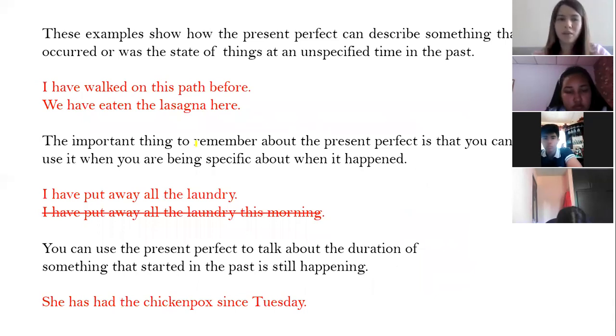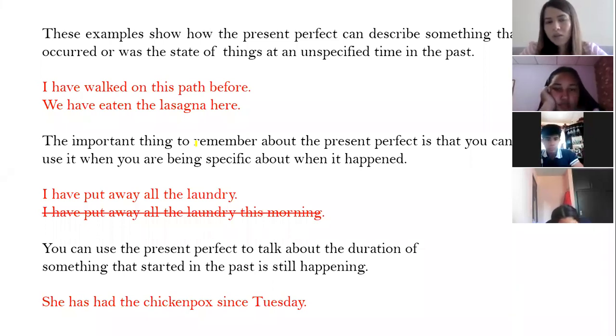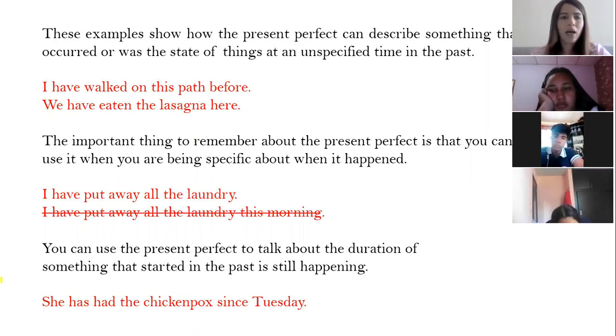These examples show how the present perfect can describe something that occurred or was a state of things at an unspecified time in the past. I have, pay attention, I is the first person, I have walked on this path before.